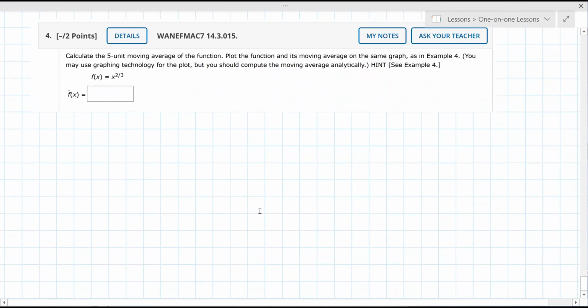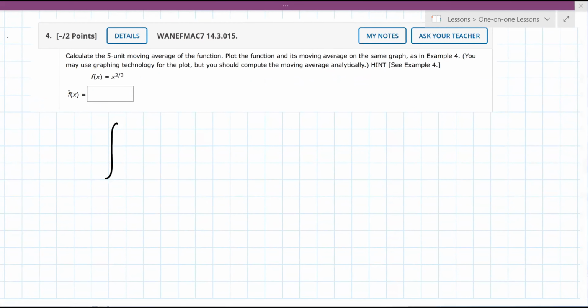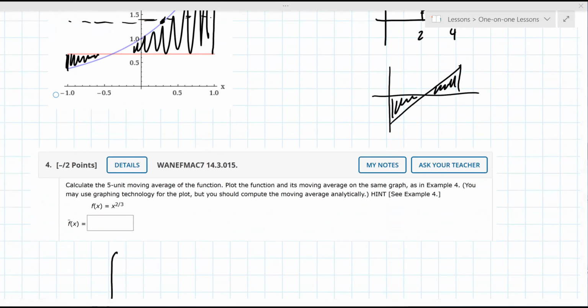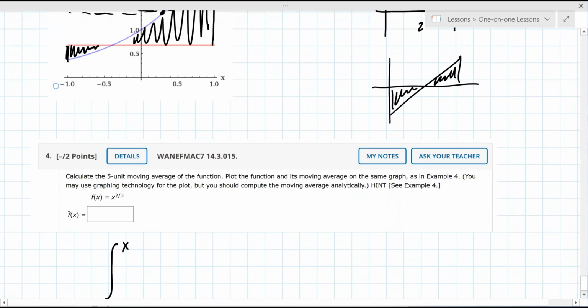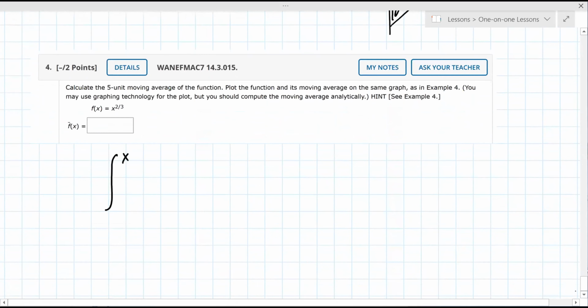Okay, so like you just said, it's the integral from x to x minus n, and then it's 1 over n generally.